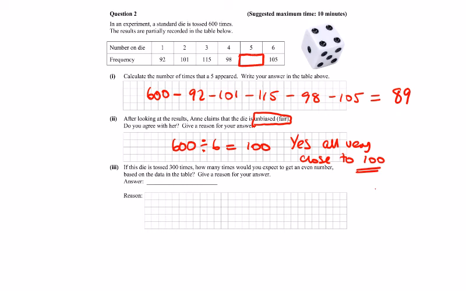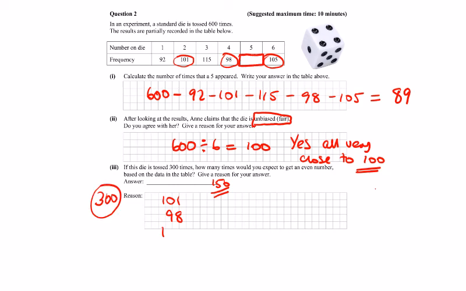And then if the dice is tossed 300 times, how many times would you expect to get an even number based on the data in the table? Okay, 101, 98, and 105. Add them together. We'd expect to get 150, approximately, if it was tossed 300 times. We should expect to get 300 if it's tossed 600 times.